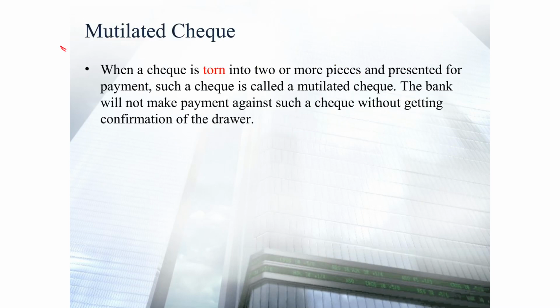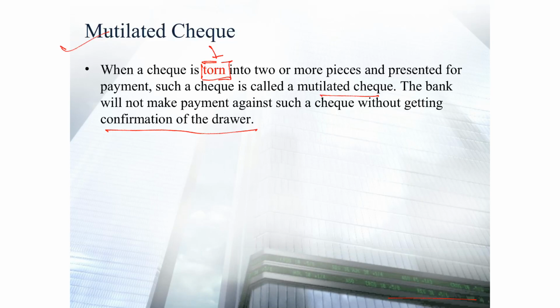Next, mutilated check. When a check is torn into 2 or more pieces and presented for payment, such a check is called a mutilated check. The bank will not make payment against such a check without getting confirmation of the drawer.